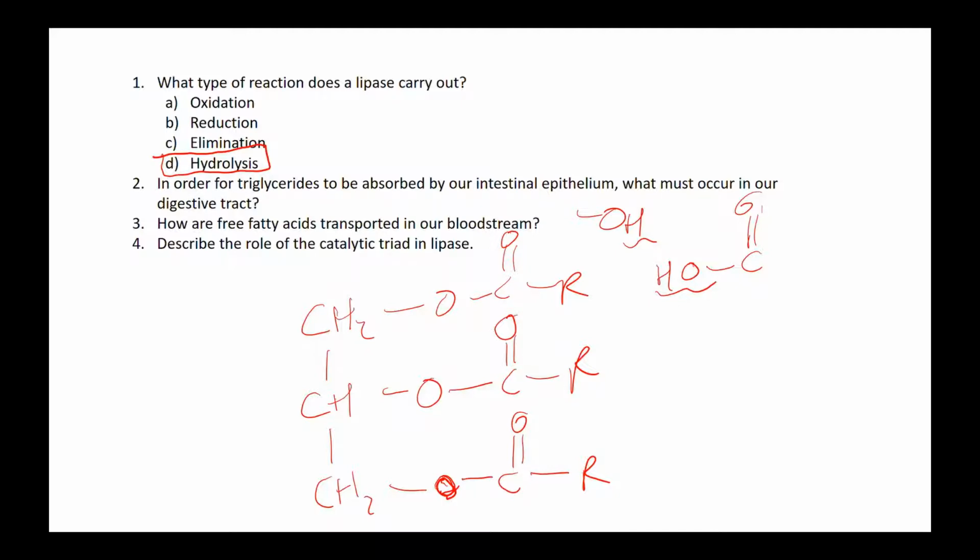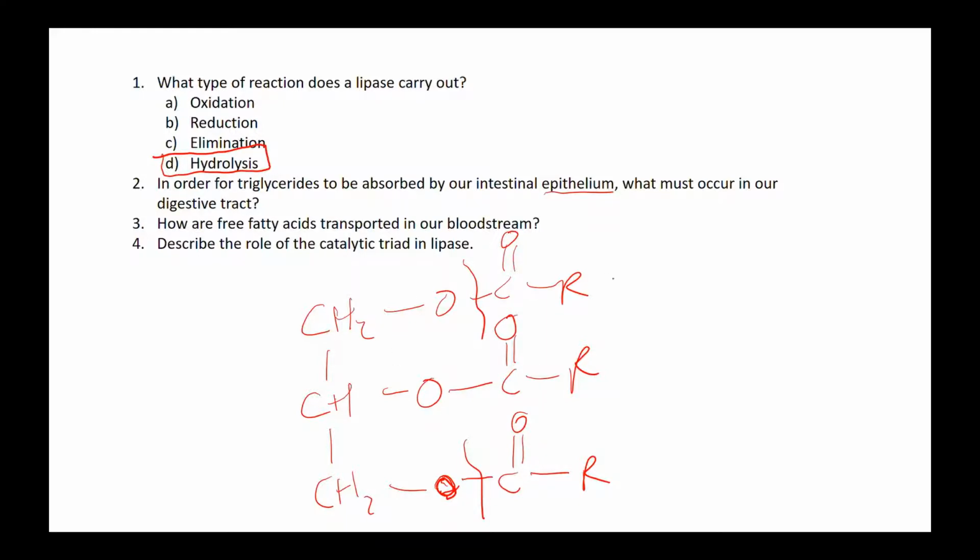Number 2, you may not have realized it at the time, but number 2 is actually about lipases as well, because it says in order for triglycerides to be absorbed by our intestinal epithelium, those are the cells that line our intestine, what must occur in our digestive tract? The answer is our triglycerides must be cleaved into fatty acids and monoacylglycerols.